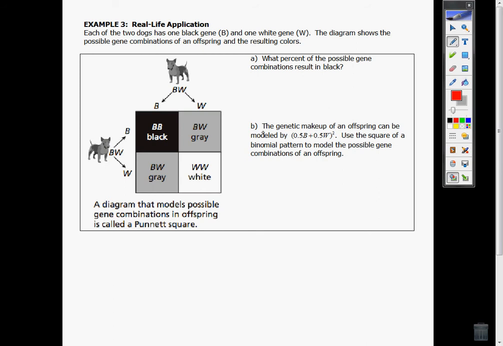We have two dogs, one that has a black gene, one that has a white gene, and the diagram is going to show the possible gene combinations of an offspring and the resulting colors.